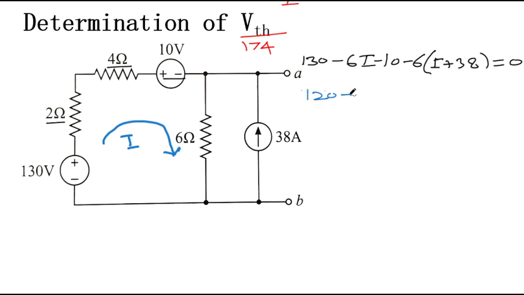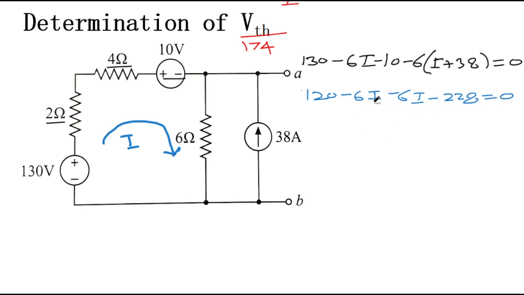So minus 6I, or when you multiply 6 by 6 by 38, it will become minus 228. It is equal to 0.